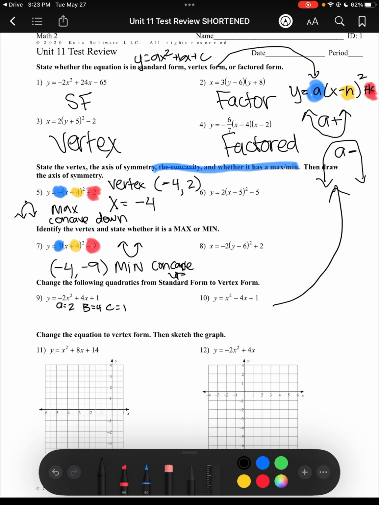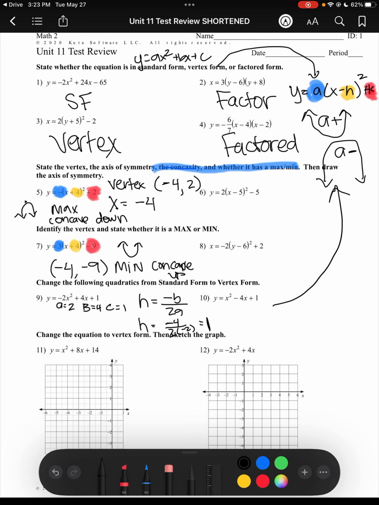So our formula to find h is to take negative b all over 2 times a. So for problem 9, we said b is 4. So I'd say h equals negative 4 all over 2 times negative 2. We can simplify that in our head or with a calculator, but it should come out to positive 1.